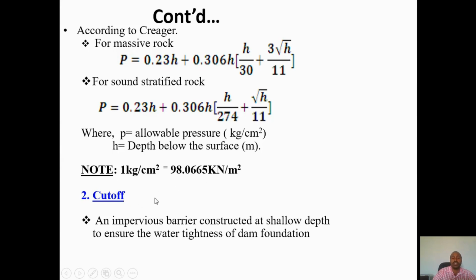So the second method is cutoff. Cutoff is, most of the time, an impervious barrier constructed at shallow depths to ensure the water tightness of the dam foundation. So cutoff may be provided just as an impervious barrier at the dam foundation.